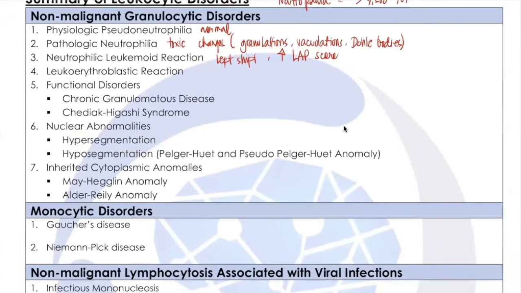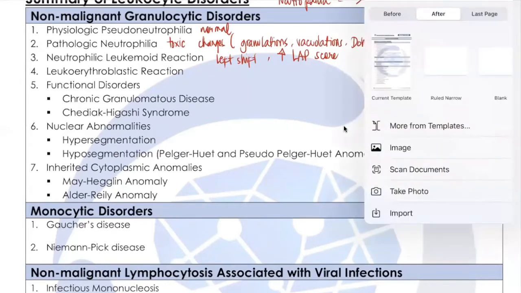And hyposegmentation is when the lobulations of our WBC are less than 2. So we have the Pelger-Huët and the pseudo Pelger-Huët anomaly for hyposegmentation. And for the inherited cytoplasmic anomalies, we have May-Hegglin anomaly and the Alder-Reilly anomaly.